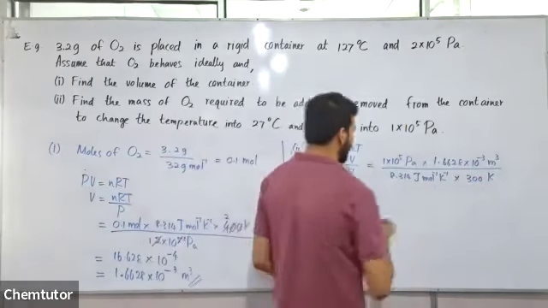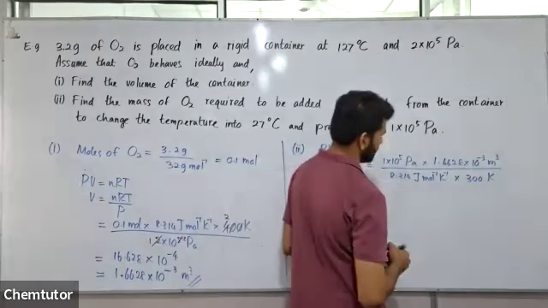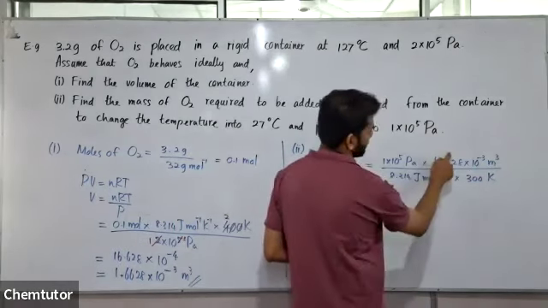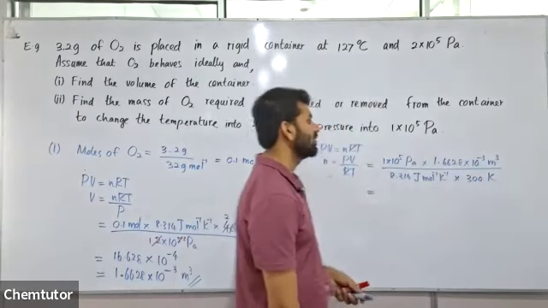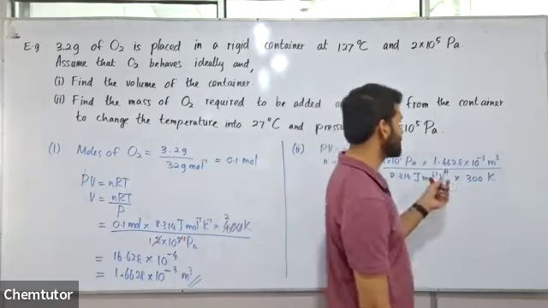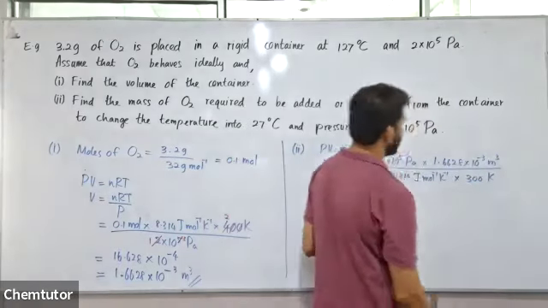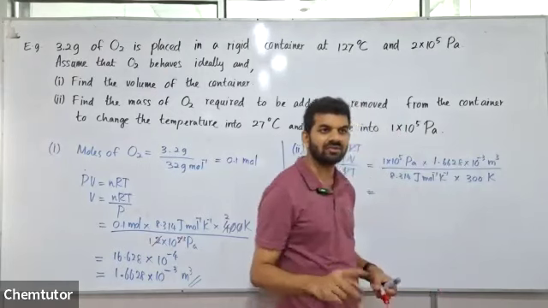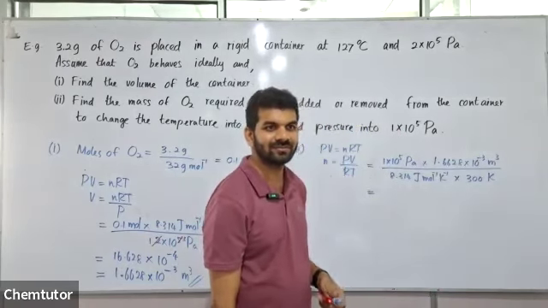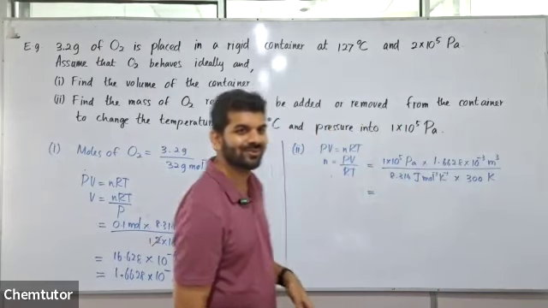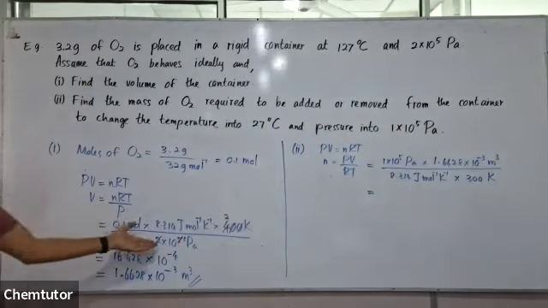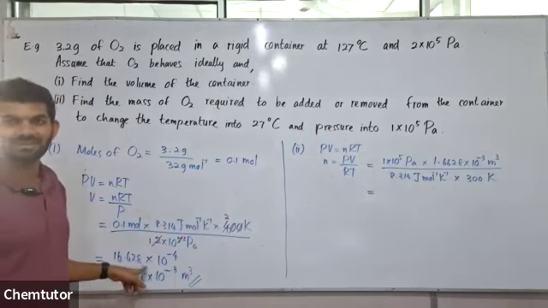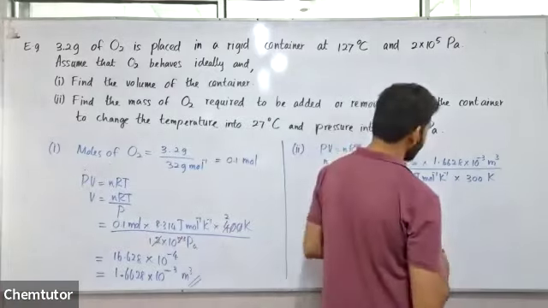Once you simplify, you will find the number of moles. 1.6628 into 10 to the power minus 3 is 16.628 into 10 to the power minus 4. Then 8.314 times 2 is 16.628.